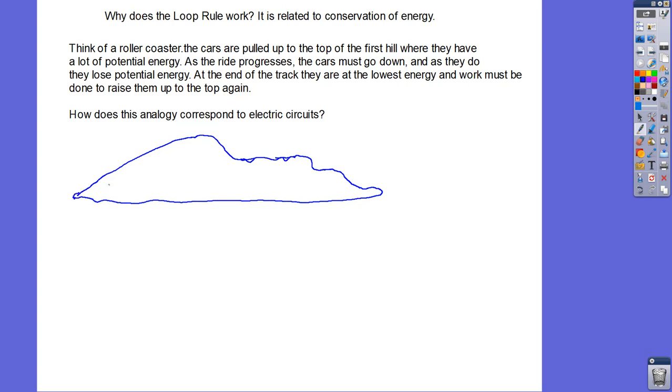So our analogy basically goes like this. The battery is basically like that chain that pulls the cars up. The cars are basically like the charges that flow through the circuit.